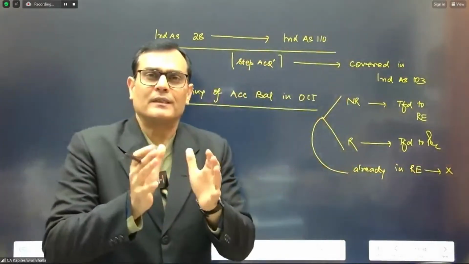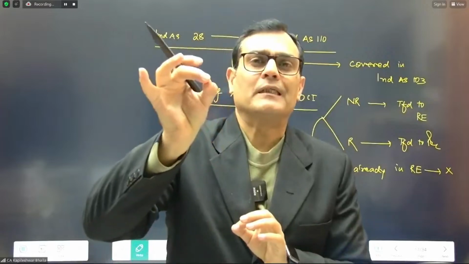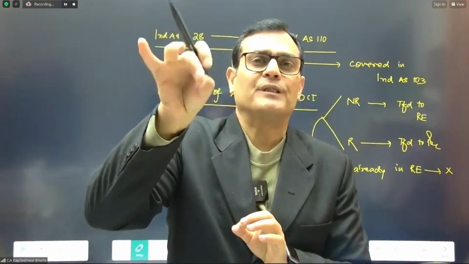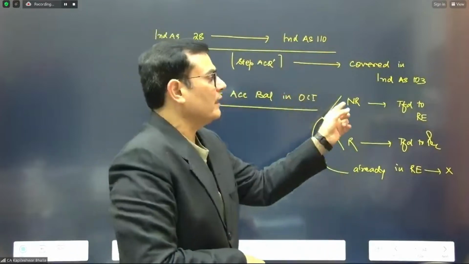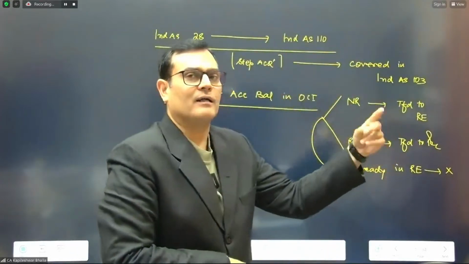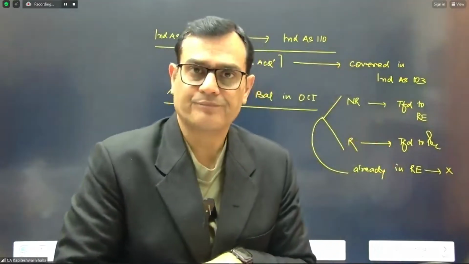Because what is accumulated in OCI is either tab 3 R or tab 3 NR or tab 2 RE. If it is tab 3 NR, it goes to RE; tab 3 R, then P&L; and if it is tab 2 already, nothing.